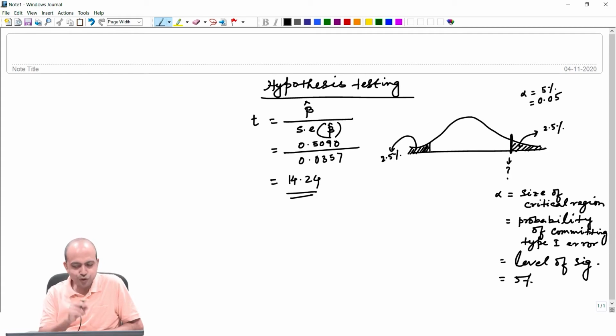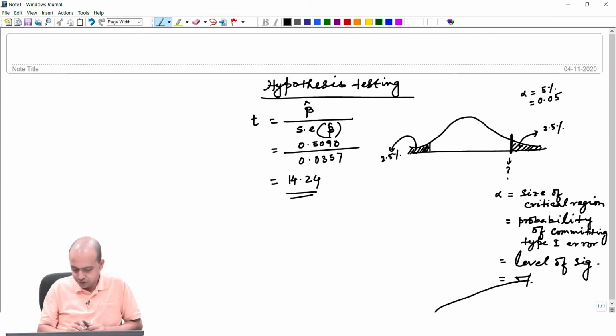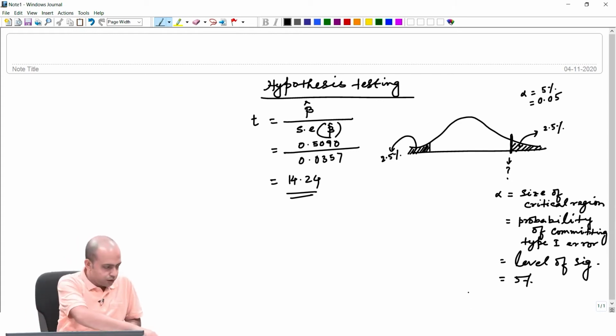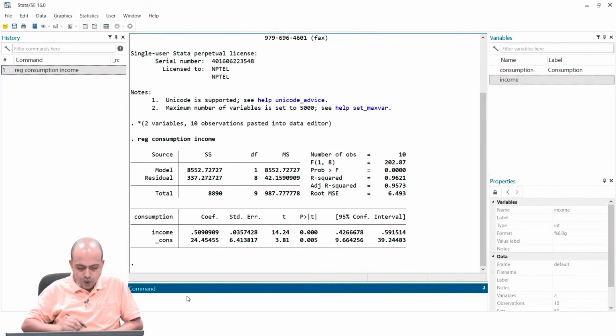Now, if you go back to your table and see the value of t at a specific level, here you see that the total number of observations is 10, and as I said yesterday, the t will follow n minus 2 degrees of freedom, that means 8 degrees of freedom.